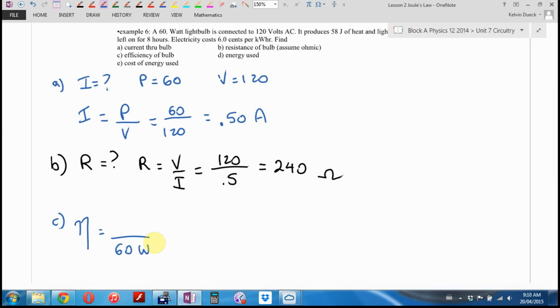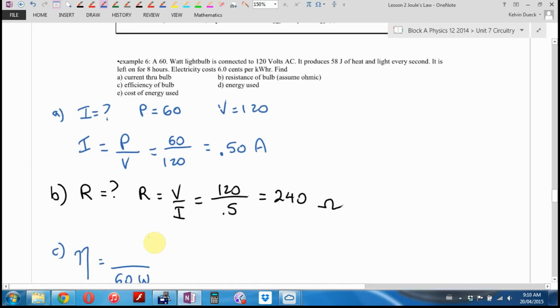Can you read to me that whole sentence, Carly, starting with the word it? It produces 58 joules of heat and light every second. Every what? Second. That's actually watts, because if they hadn't added that phrase, I couldn't do it. But every second, that's actually saying 58 joules per second.